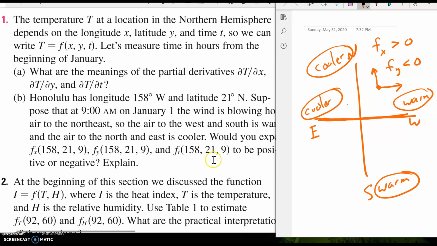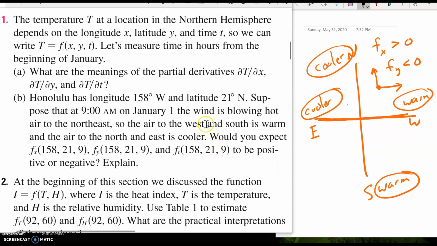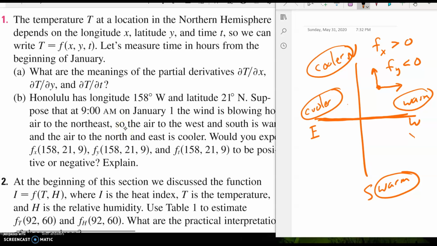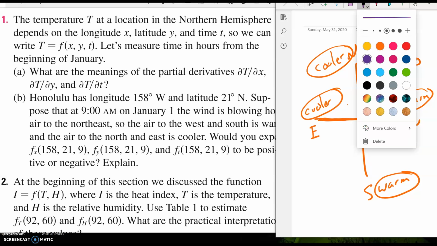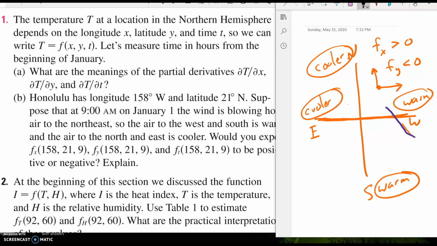It says here the wind is blowing hot air to the northeast. So hot air is blowing, let me do another color here, in this direction, causing this point to warm up.